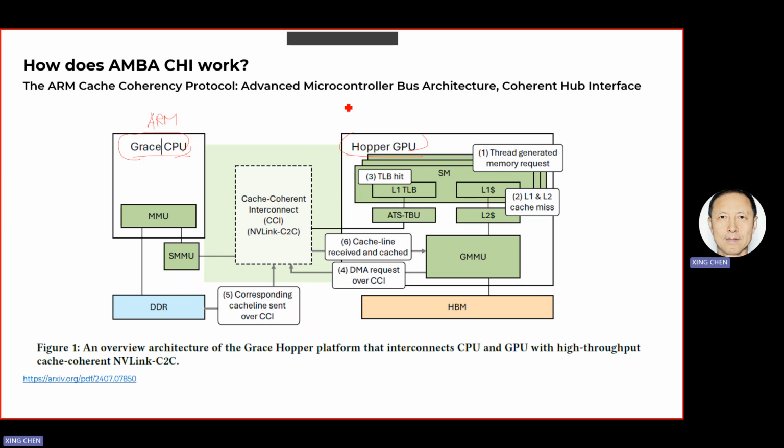So what does that mean? AMBA CHI stands for Advanced Microcontroller Bus Architecture Coherent Hub Interface. This is the cache coherent protocol from ARM that's used to connect all the system components.